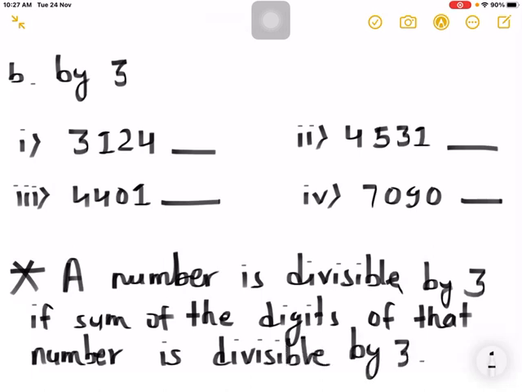See, this is the divisibility rule for 3, isn't it? You all know.